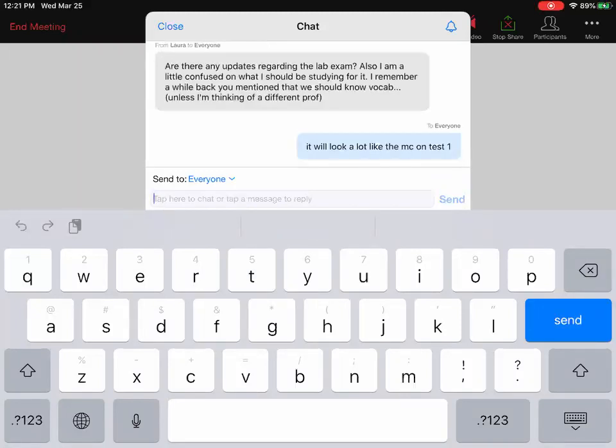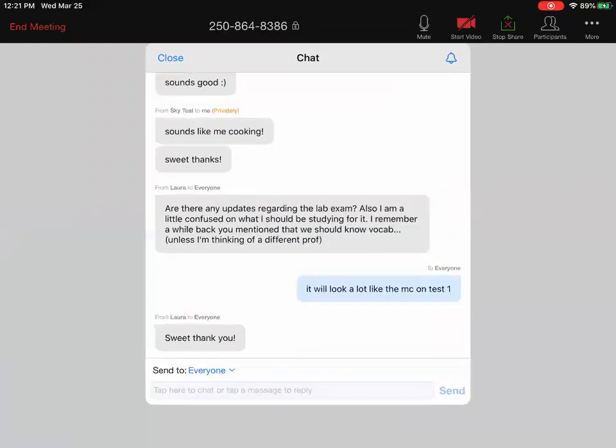Cool, awesome. But like I said, don't worry about those until we've got it all figured out. But it will be a lot of, you know, kind of definitions and just kind of test 1 multiple choice style.